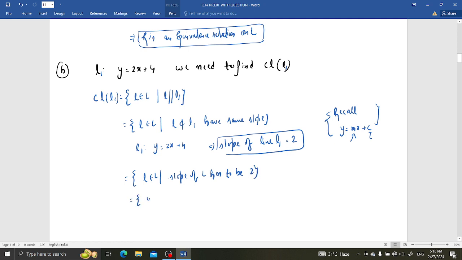And what is the format of that line? y equals 2x plus c, where c belongs to real numbers. Okay, and that is the class of L1. You change the c, all of the lines' slopes are the same, but if you change the c, the line will change. Okay, and hence we have infinite lines, and hence we have infinite elements in the class of L1.